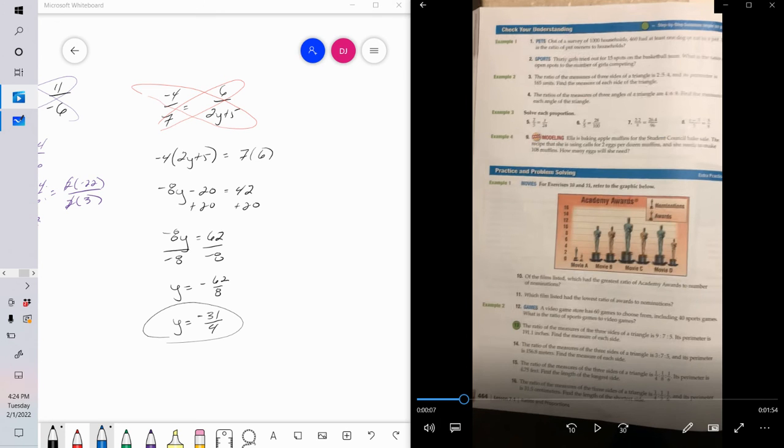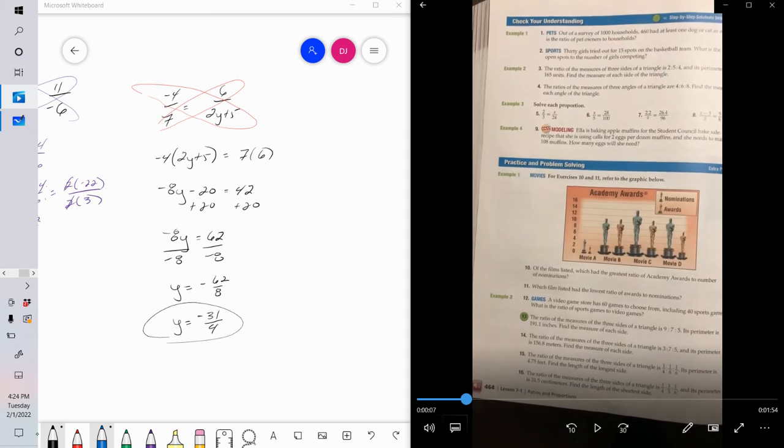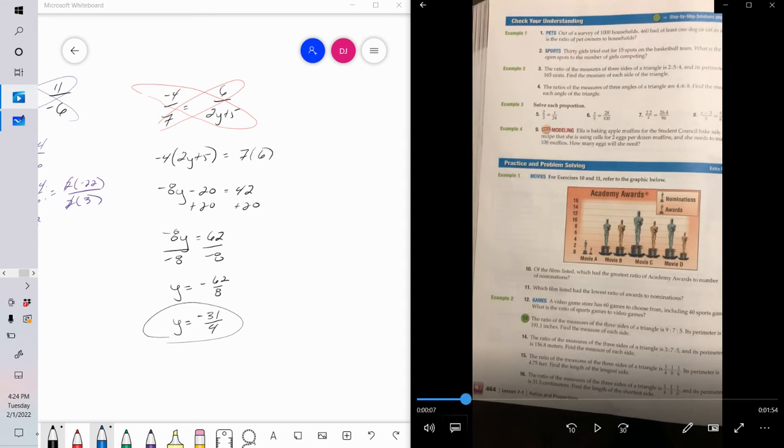Let me do a couple of problems here. Let me see if I can find a good one. Let's do number 13 right here.